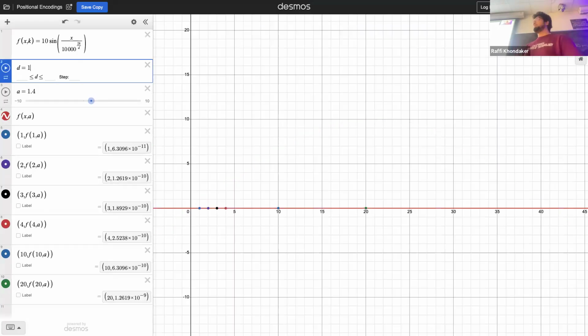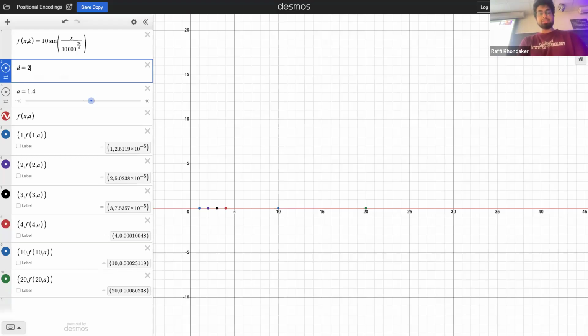Each of these numbers is being mapped to a vector, and each of these colors represents a separate vector at the same dimension. So right now, we're showing at dimension 1 what all the values would be for these six distinct vectors. Does that make sense? So d equals 2 is the element in the second index for each of these six vectors.